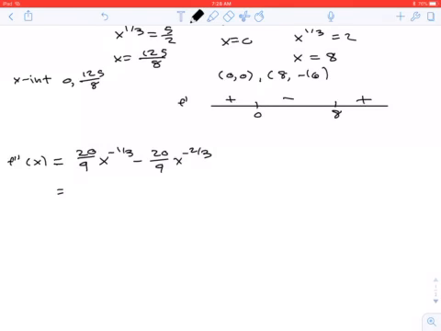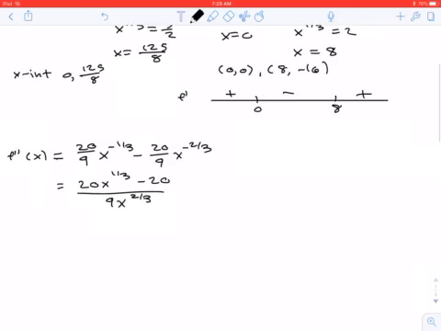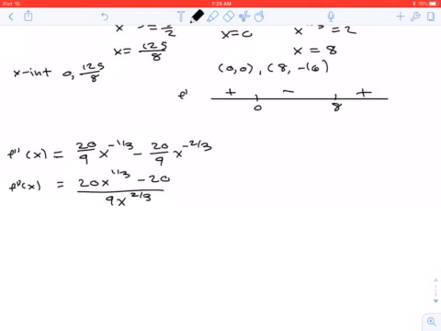When I cleaned it up, I got this. I do want a common denominator because in order to find my critical values, I need it to be one fraction. So this is my f prime function. And I think you guys would agree. Oops, sorry, that's my f double prime function.